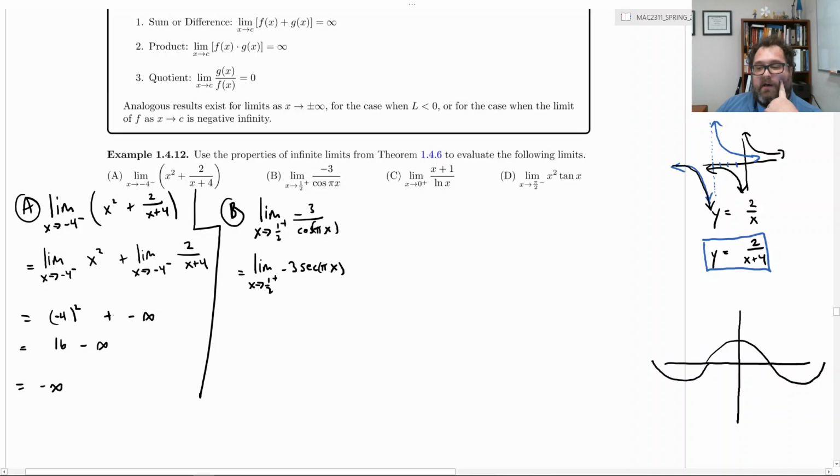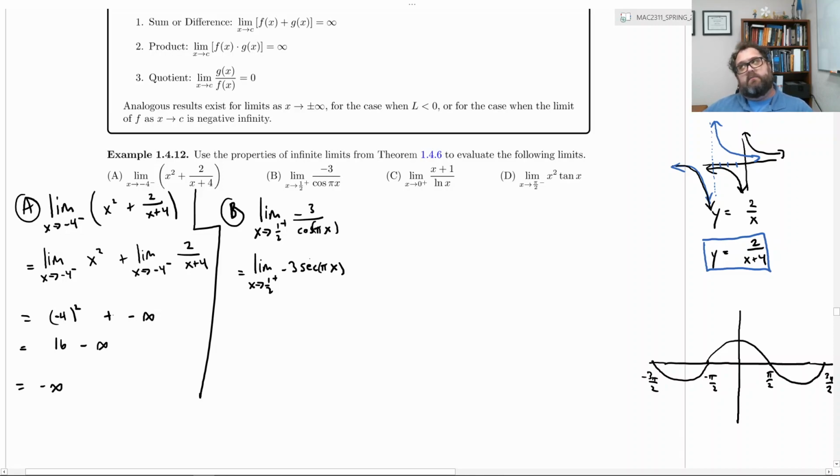Usually cosine would have an x-intercept at pi over 2, and then again over here at 3 pi over 2, and then over here at negative pi over 2 and at negative 3 pi over 2. But that's regular cosine. Here we have a scalar multiple on the input.